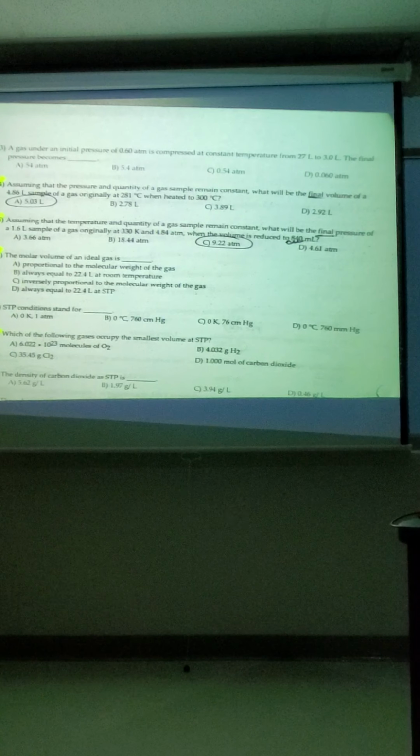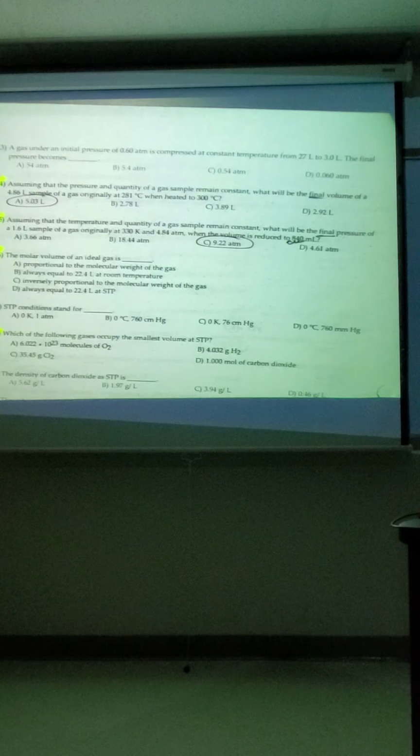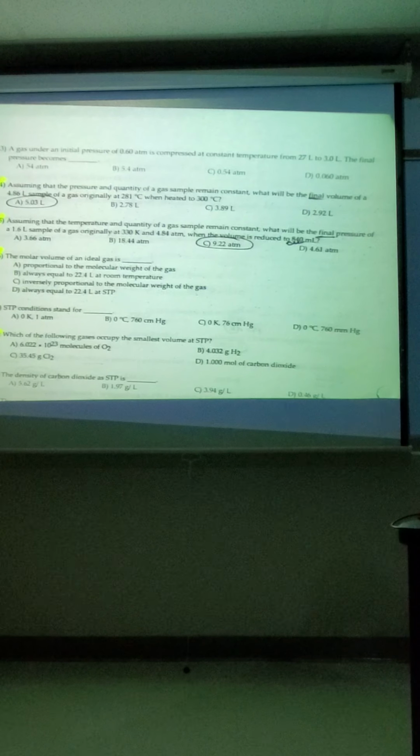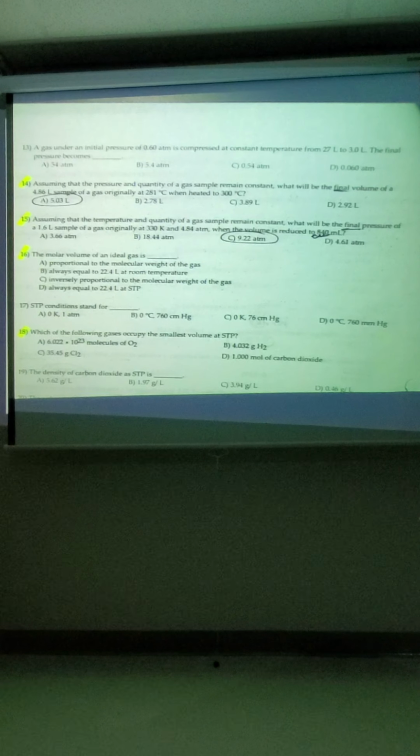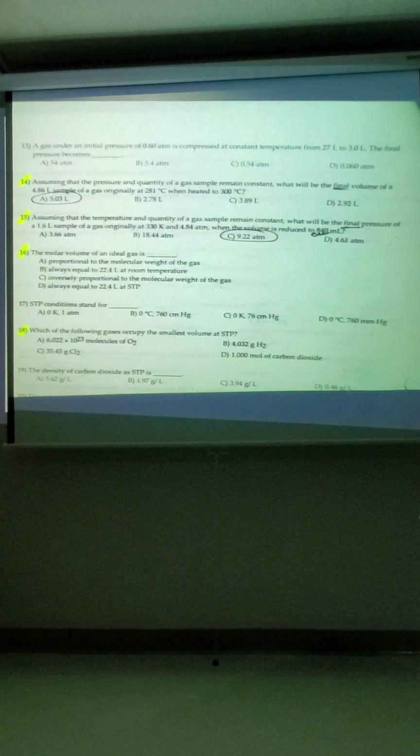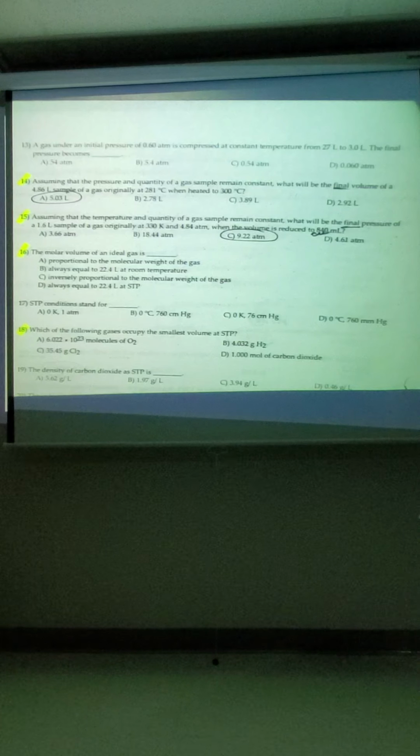So in 16 we did a different kind of problem. It's conceptual, which is most of the rest on this page that we're asked about. Molar volume for an ideal gas is 22.4 liters, but it has to be at STP. STP is standard temperature and pressure, which is 0 degrees Celsius or 273 Kelvin.